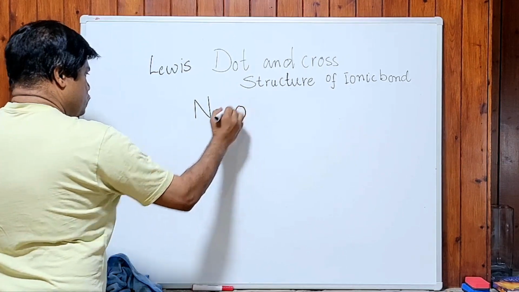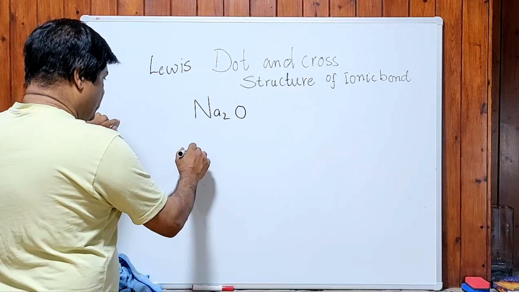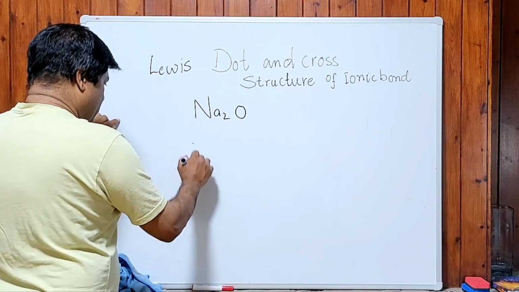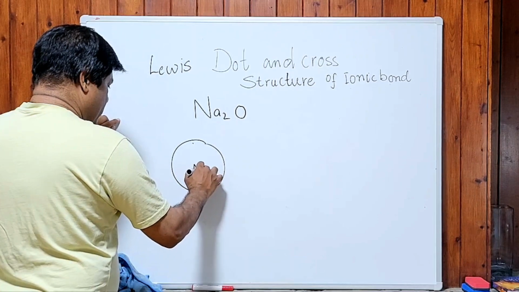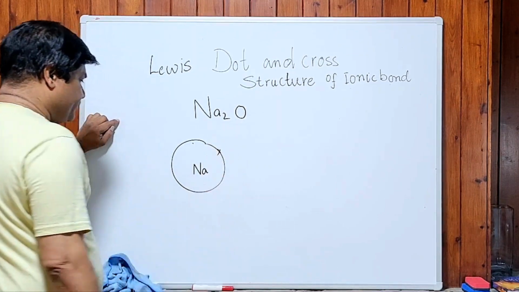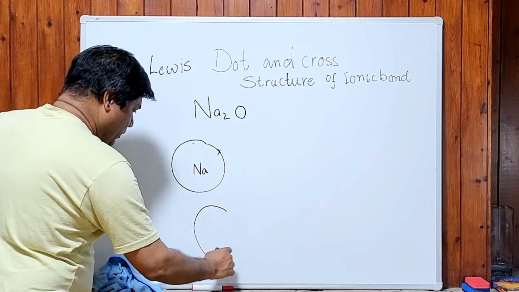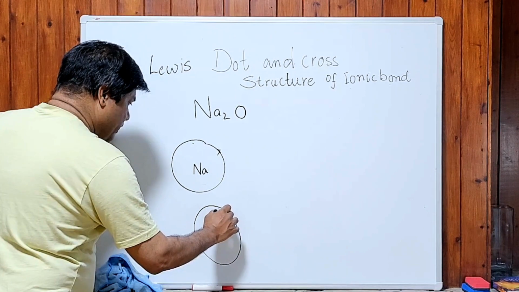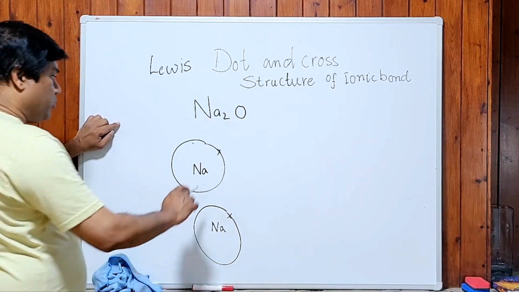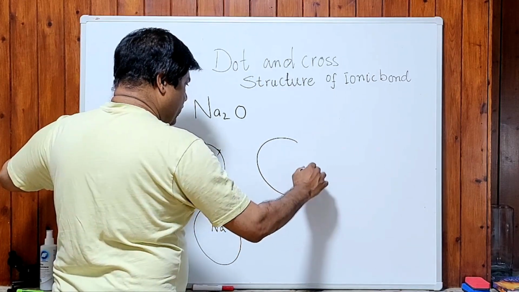Na2O. Sodium has 1 electron in the outer shell, so we need to draw 2 sodium atoms. Na, 1 electron, 1 more sodium, Na, it has 1 electron, and both donate one electron each to oxygen.